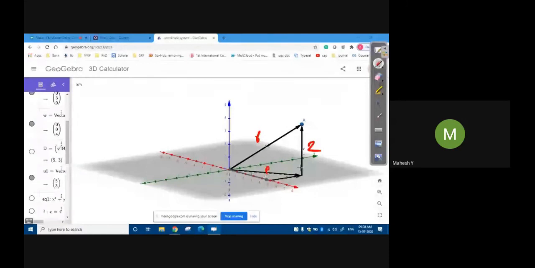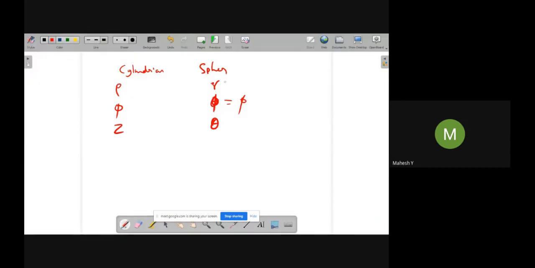So by Pythagoras theorem, R square is equal to rho square plus Z square. So what is R? Square root of rho square plus Z square. So we got this relation.